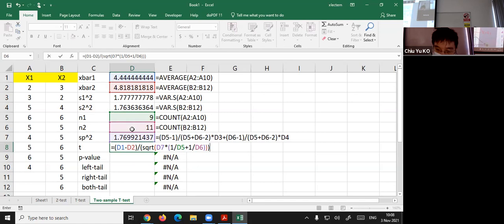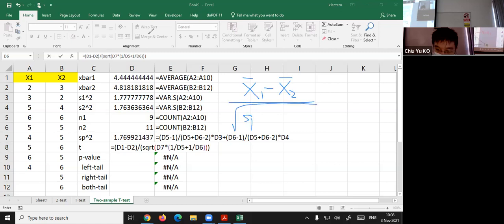If you remember, let's write down the formula in case you forget. Okay, so that is the formula. SP squared times this.